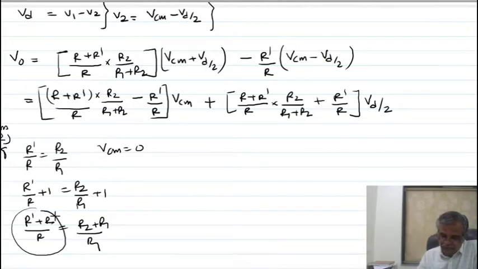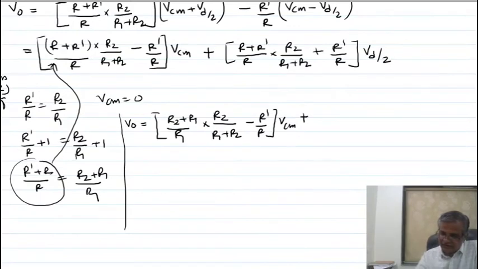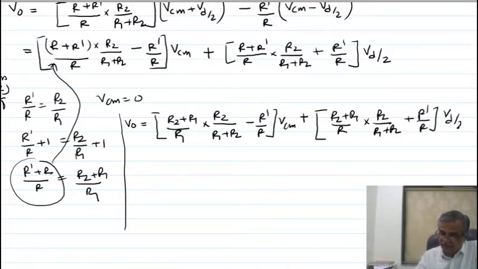These values I am keeping here. So output voltage is R2 plus R1 upon R1 into R2 upon R1 plus R2 minus R dash by R into VCM plus this is your R2 plus R1 upon R into R2 upon R1 plus R2 plus R dash by R into Vd by 2.